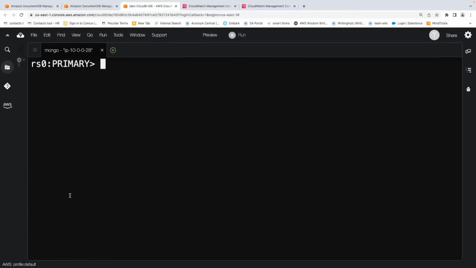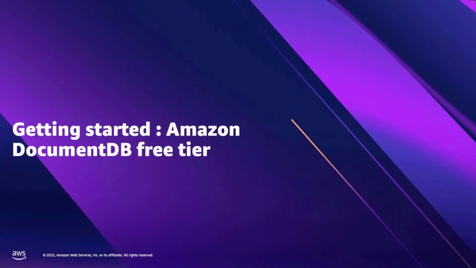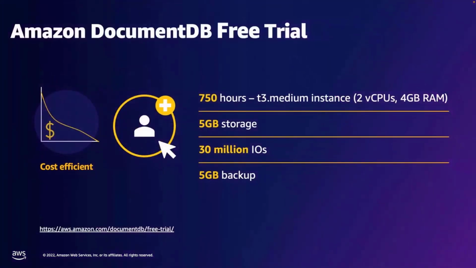Now let's move on to the next topic, getting started with the Amazon DocumentDB free trial. In January 2022, that is this year, we launched the Amazon DocumentDB free trial because we want all our customers, enterprises, and individuals to feel confident when they sign up for Amazon DocumentDB.